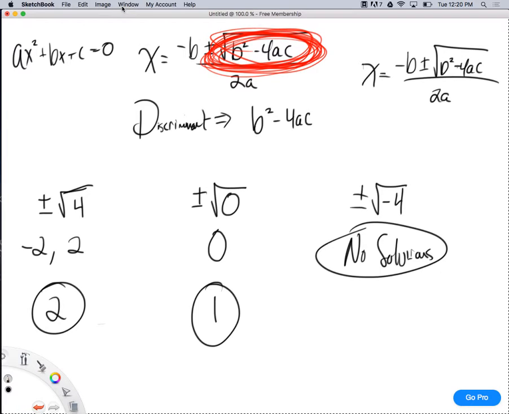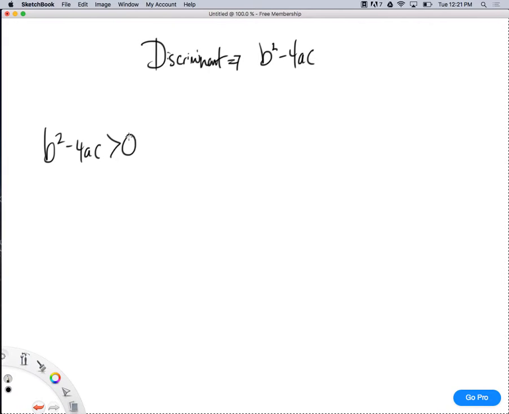Okay, so let me make it very clear. The discriminant is b squared minus 4ac. And if that discriminant, b squared minus 4ac, is greater than 0, there are 2 solutions.